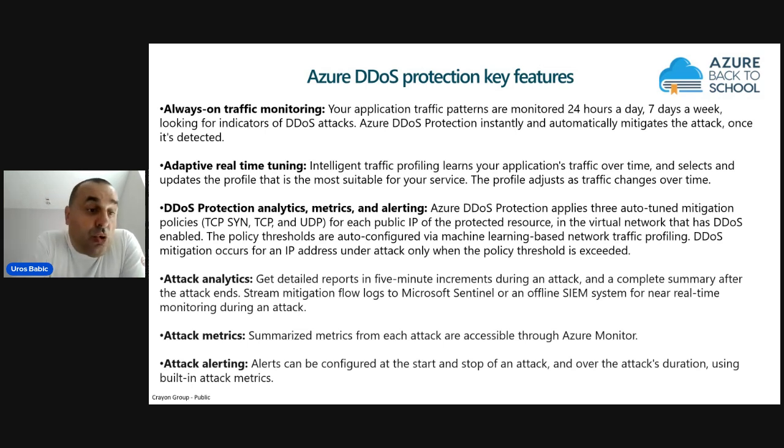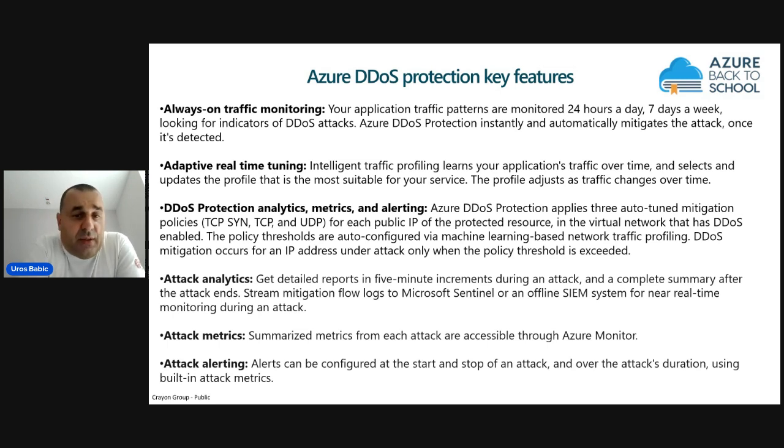The policy threshold is also very important, how I auto configure your machine and everything. Attack analytics, with how we define mitigation streaming to Microsoft Sentinel, a cloud-native security information event management system, for real-time monitoring of attacks.